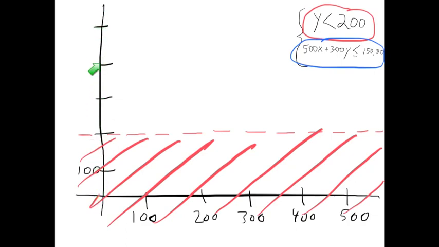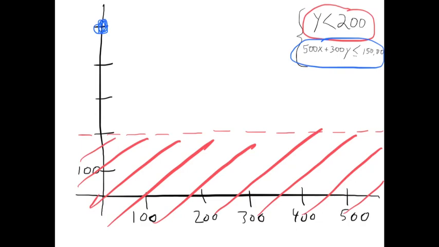Anywhere here that x equals 0. So plugging x equals 0 into that, we've got 300y. Divide that by 300 and divide 150,000 by 300, and we're left with the point 0, 500, which is right here.